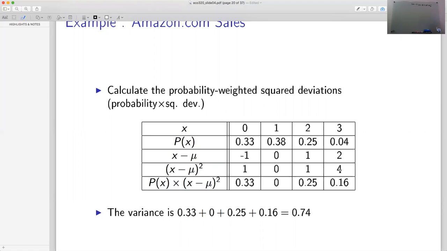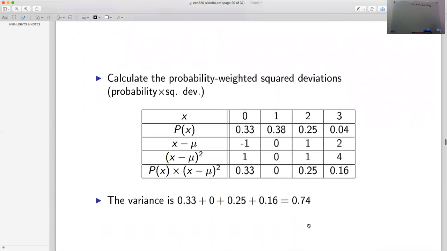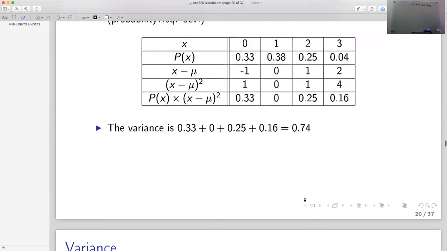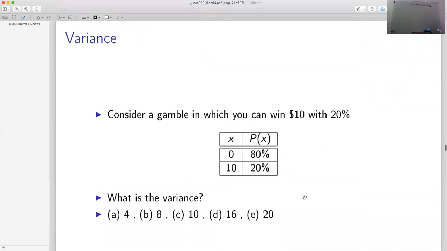But when we have those probabilities, I just multiply the probability and the final outcome. This is called weighted square deviation. So probability weighted square deviations, then I just add them up. So this is how you get the variance. Make sure you know the difference.